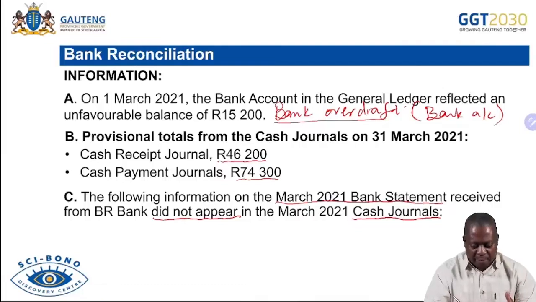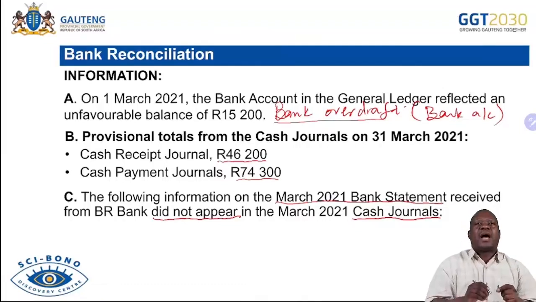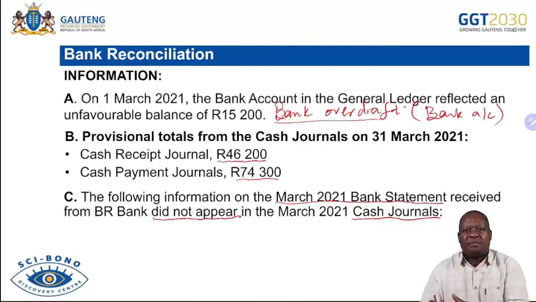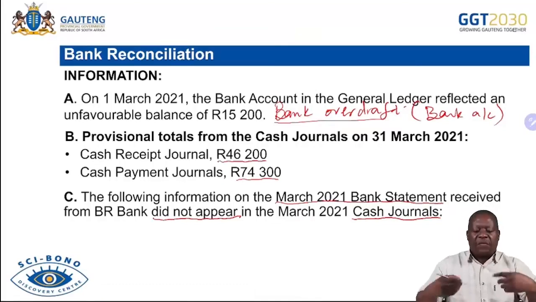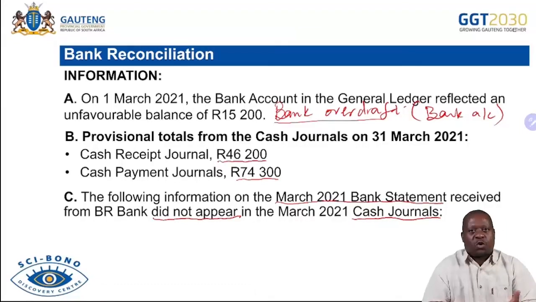Information, according to them, that appeared on the bank statement received and did not appear in the cash journals, means this information must go to the cash journals. That's the way I see it. That's the way you must see it.